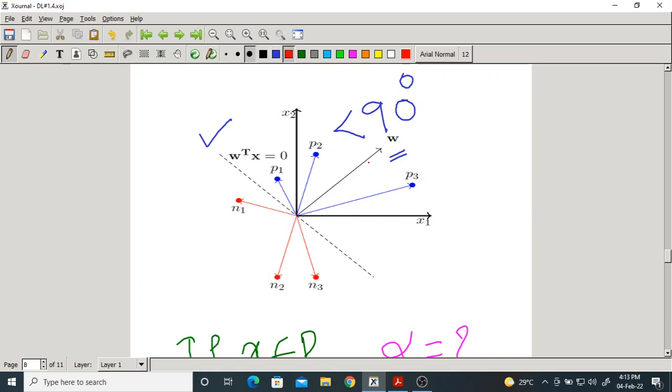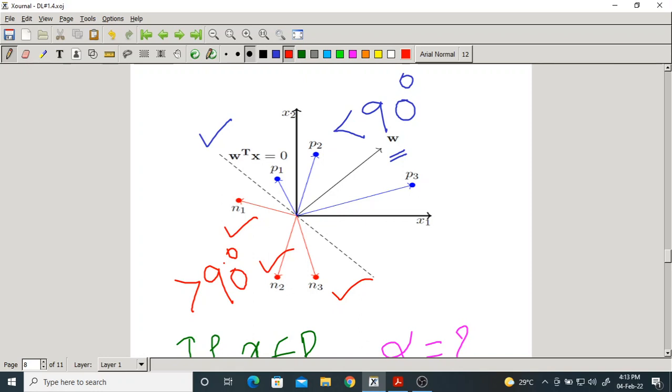Now what about the angle between W and the negative points N1, N2, N3? It is more than 90 degrees, which is very obvious from the figure. So for perfect classification, please remember alpha should be less than 90 for positive inputs and more than 90 for negative inputs. Is it clear? That is the basic rule.